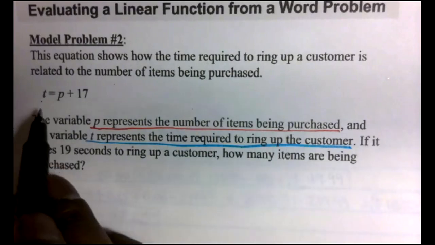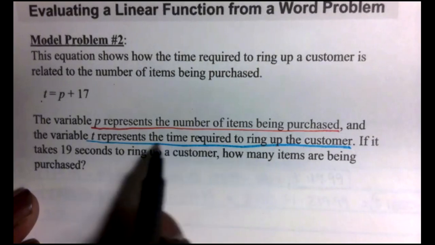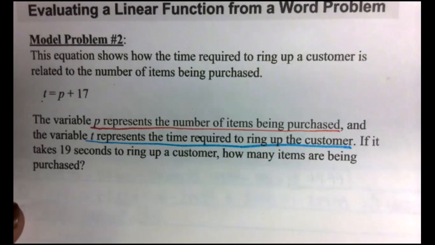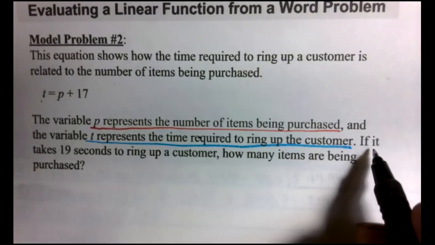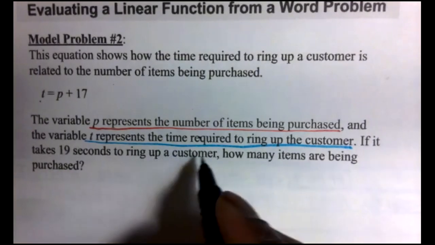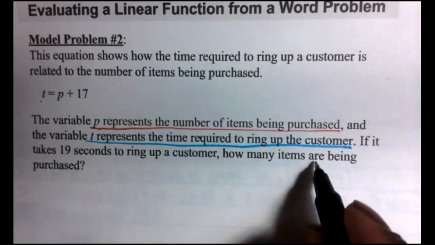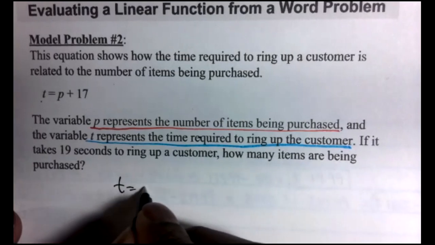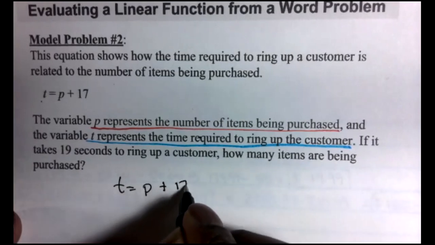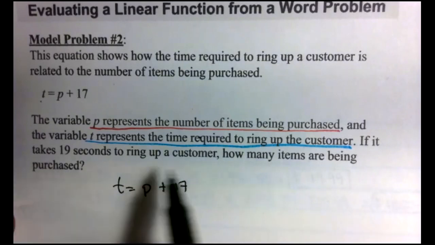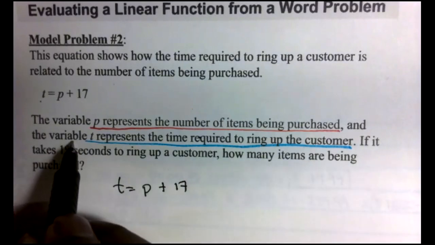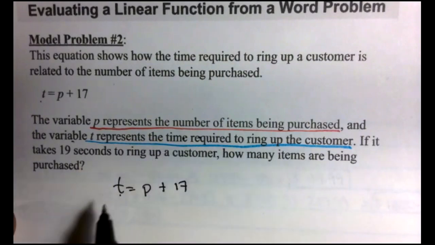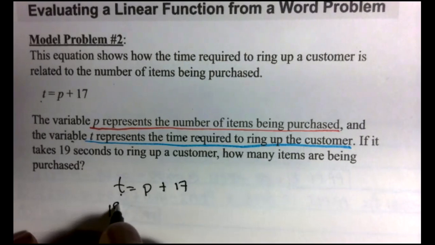It says, if it takes 19 seconds to ring up a customer, how many items are being purchased? So we know that T is equal to P plus 17, and that means time, this T, would be equal to 19.